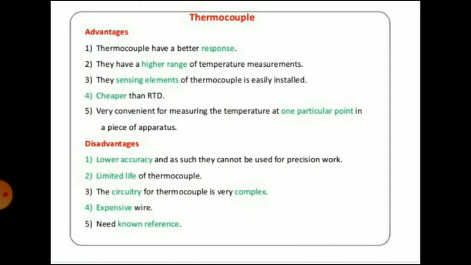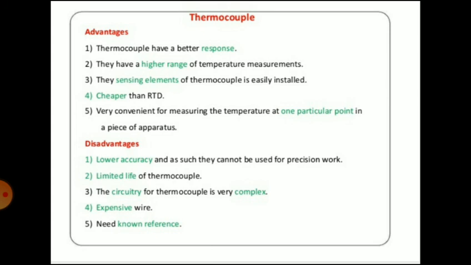So thermocouple advantages: thermocouples have a better response. They have a higher range of temperature measurements. The sensing element of a thermocouple is easily installed, cheaper than RTD, and very convenient for measuring the temperature at one particular point in a piece of apparatus.